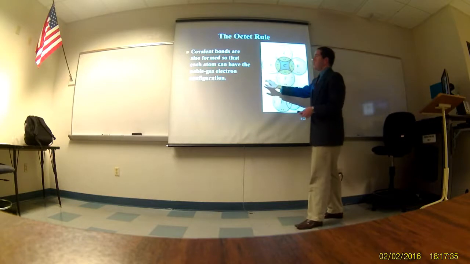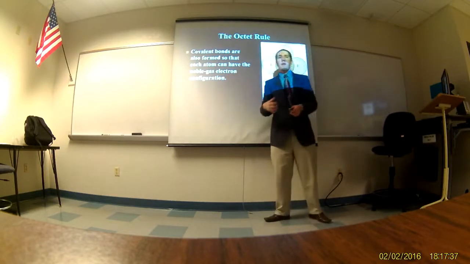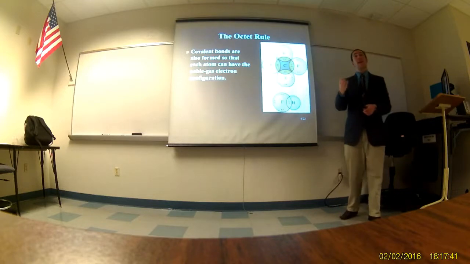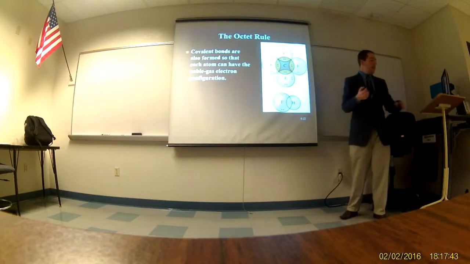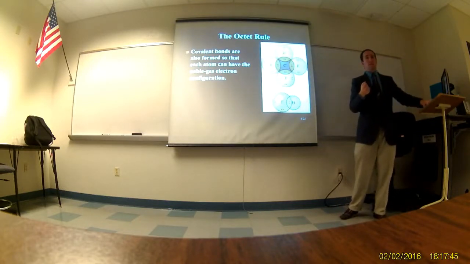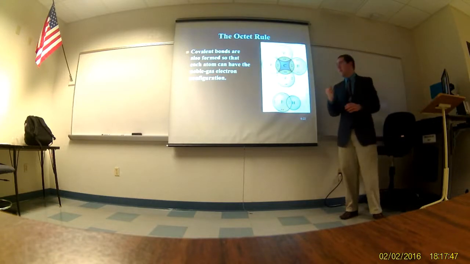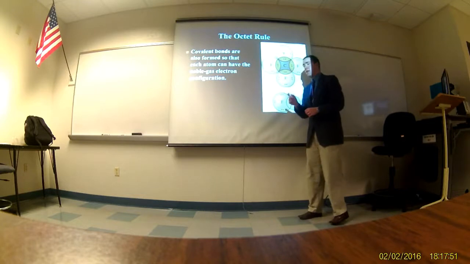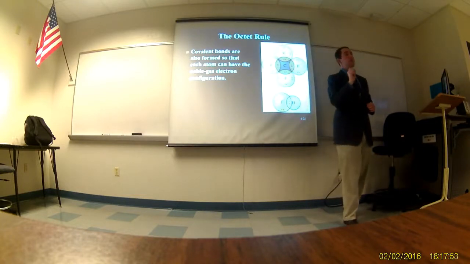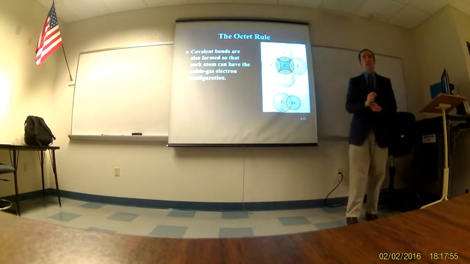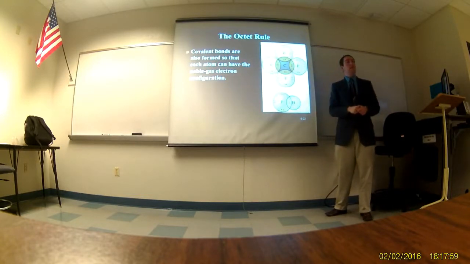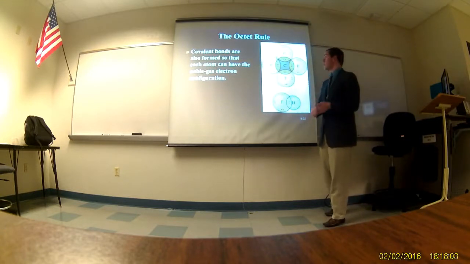When we talk about covalent bonds, we said each one wants to get a noble gas configuration. They want to get 8 valence electrons. In a covalent compound, every atom is going to have 8 electrons. The only exception is hydrogen. Hydrogen gets 2. This is called the octet rule. Octet meaning 8 electrons.